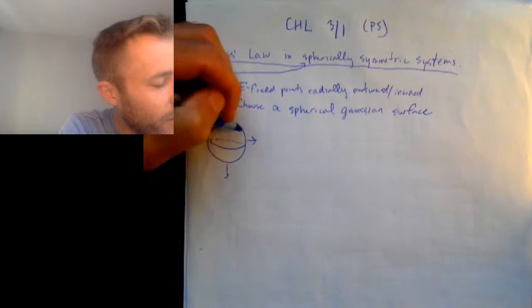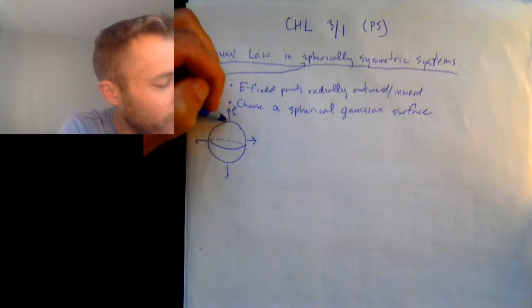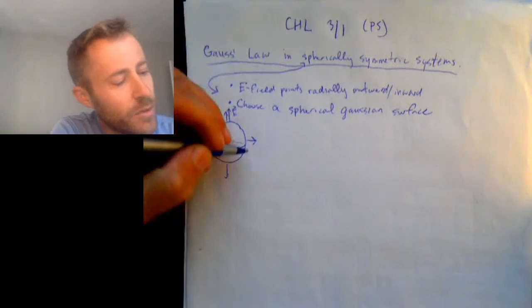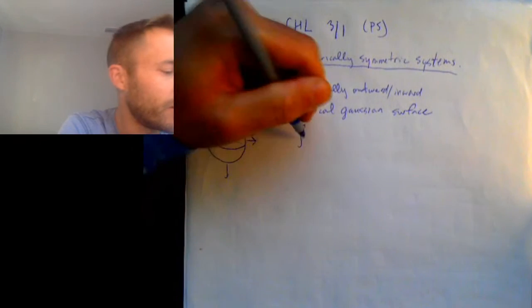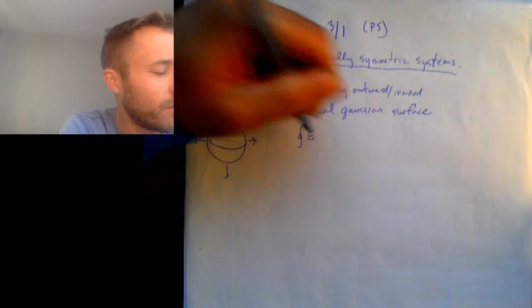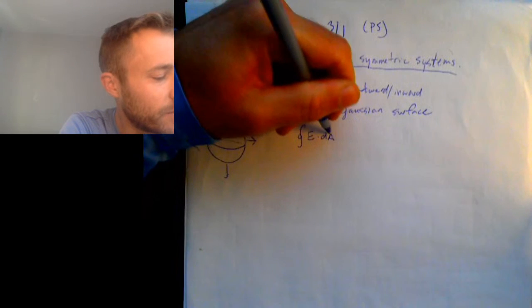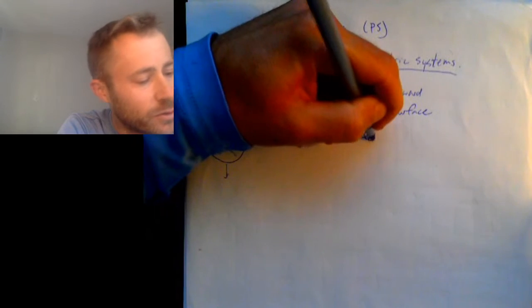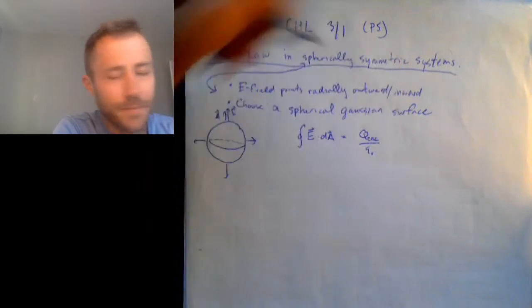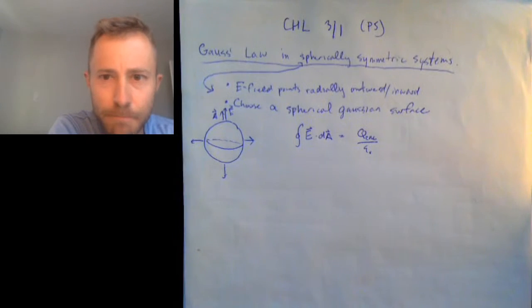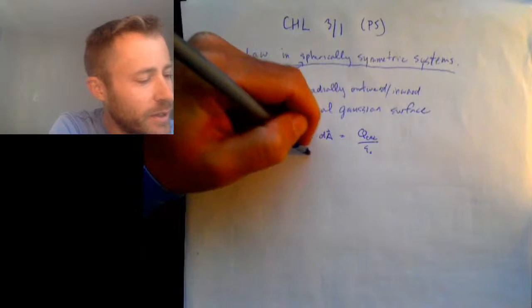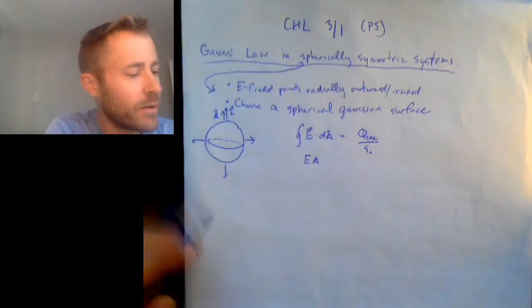And the area vector also points outward. So what that means is when you have Gauss's law, which says that the flux of the electric field is equal to charge enclosed over epsilon naught, this becomes E times A. All right.